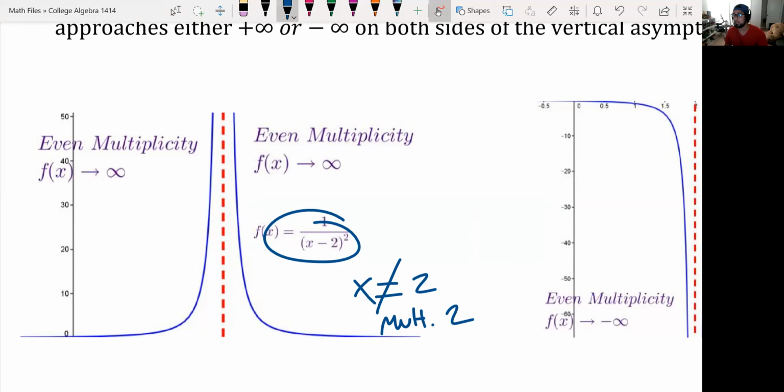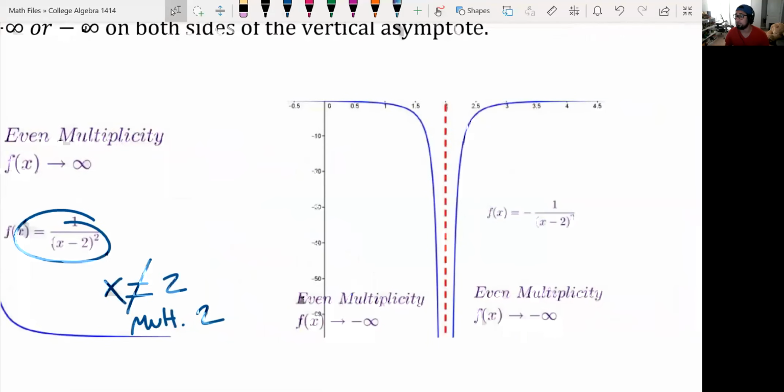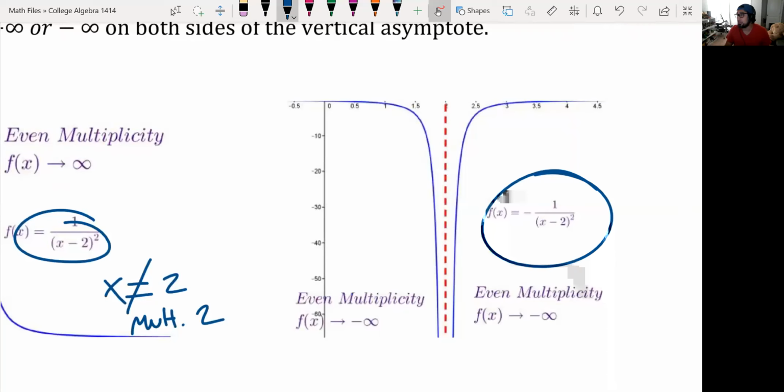It's an even multiplicity, 2, 4, 6, 8, whatever. As long as it's even, you will see both tails head towards positive infinity. Or both tails will head towards negative infinity if, given the same function, it's negative. So now you put the negative in front, those tails just flip over the x-axis and now head towards negative infinity.